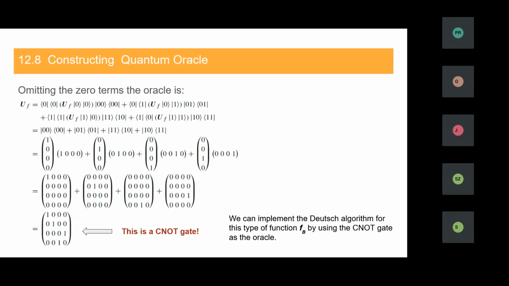The best part about f_A, f_B, f_C, f_D is, if you remember, f_A and f_D give you constant outputs, whereas f_C and f_B typically give you balanced outputs. So that is the reason we have chosen f_B. You can also similarly try it for f_C. You'll get onto similar lines. CNOT can be used there as well.